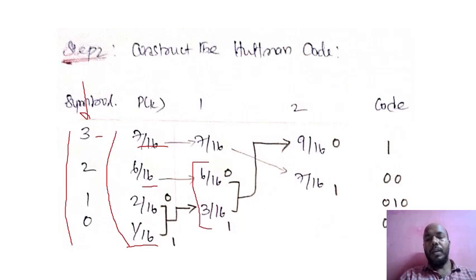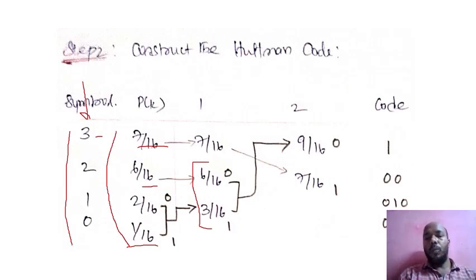I added that. Just to check, 6 by 16 plus 3 by 16 gives 9 by 16. The existing one is 7 by 16, which is less than this 9 by 16. So the compound symbol probability is higher than the existing one. In the descending order arrangement, shuffling will be there.